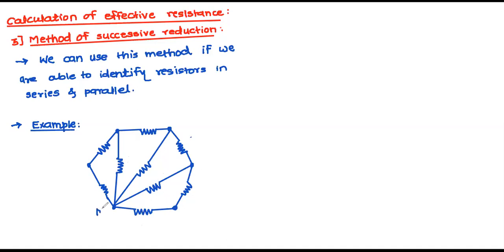So this point is point M, this is N, O, P, Q, and this is R. Each resistor has value R ohm.